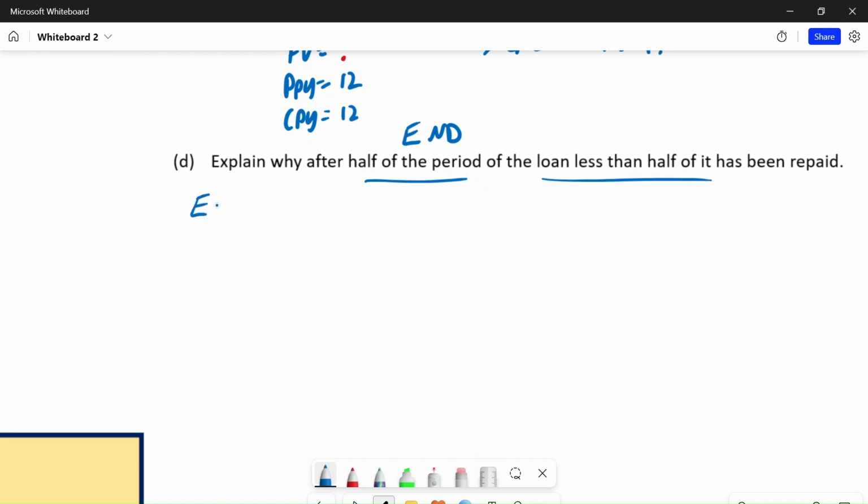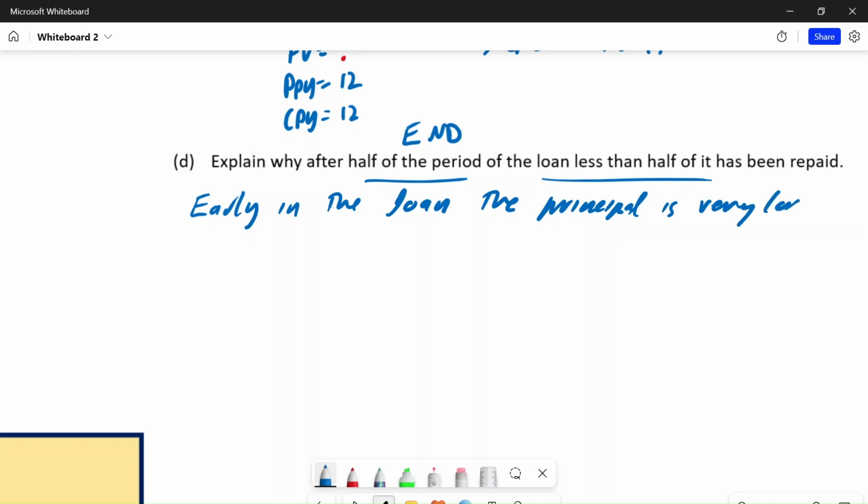Early in the loan, the principal is very large, so the amount of interest is large.